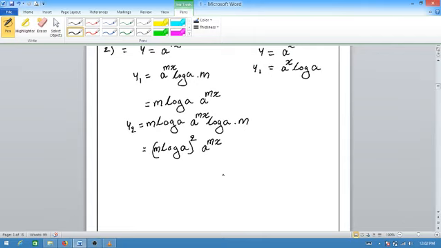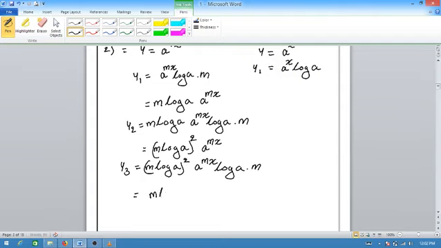Find out the third derivative. So y3 is equal to m into log a whole square is constant. Differentiation of a power mx is a to the power of mx into log a into differentiation of mx, which is m. So that is equal to m square into m is m cube, log a whole square into log a is log a whole cube.